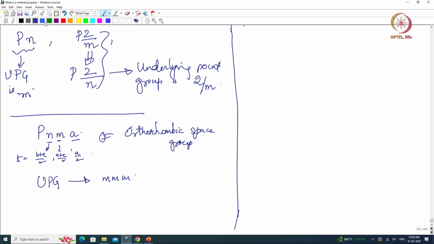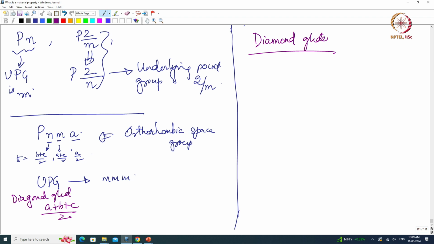After diagonal glide you also have what is called diamond glide. It is also possible that the diagonal glide can be a plus b plus c by 2, and this can happen in cubic systems or in tetragonal systems.